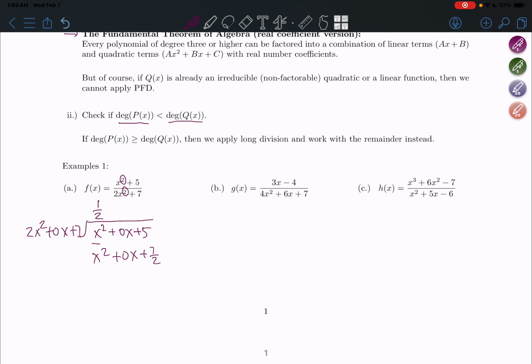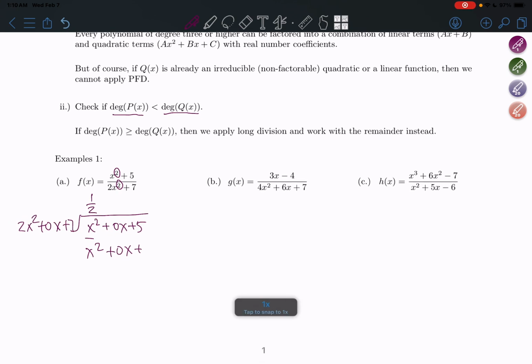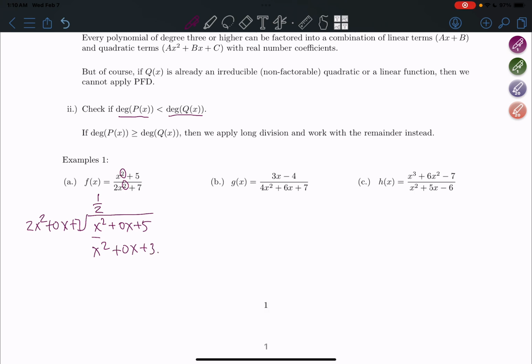If you want, you can write that as 3.5, maybe it's easier to do algebra that way. Preferably use a fraction if you're dealing with something a little bit difficult to work with. But if you know it's a good, easy decimal, then you can definitely use that.